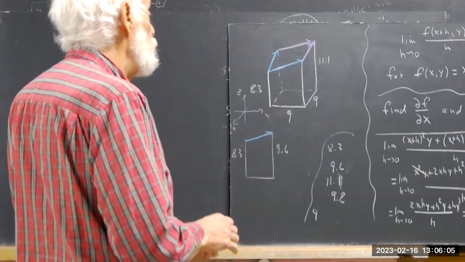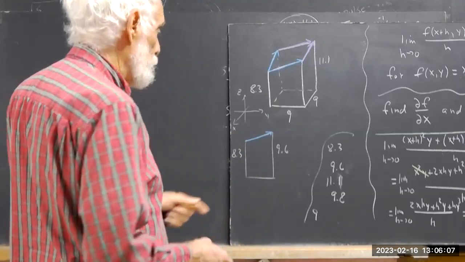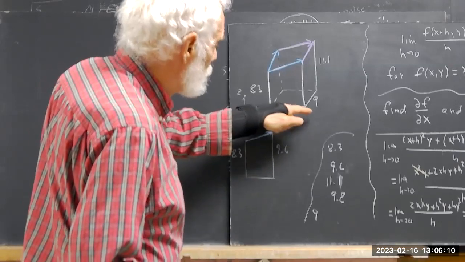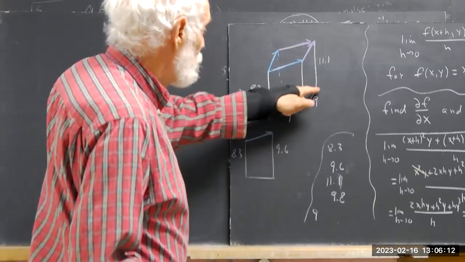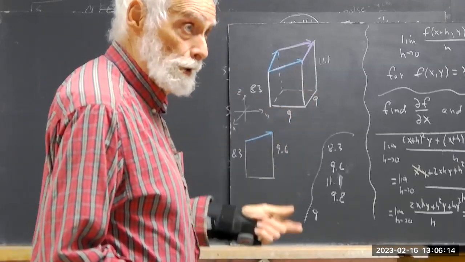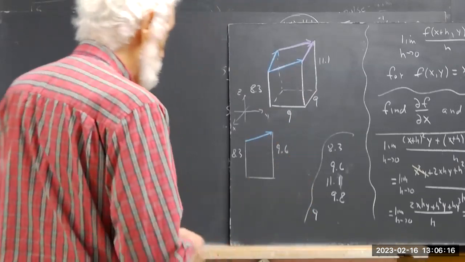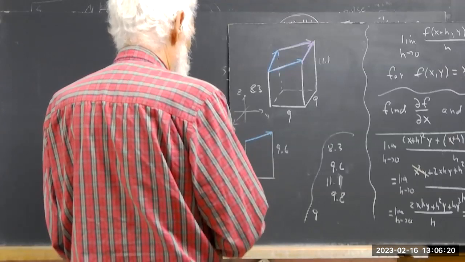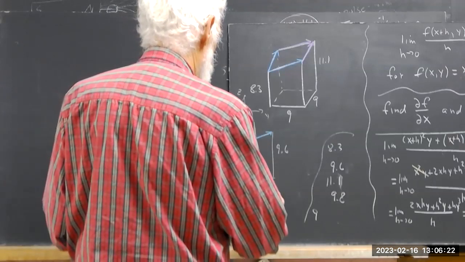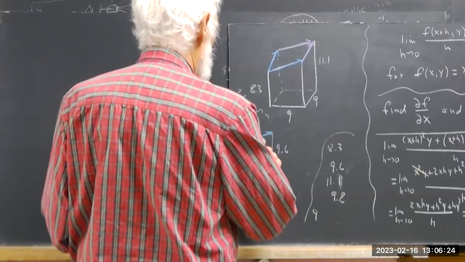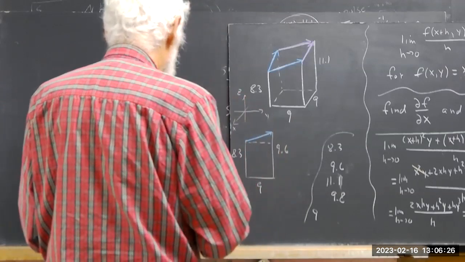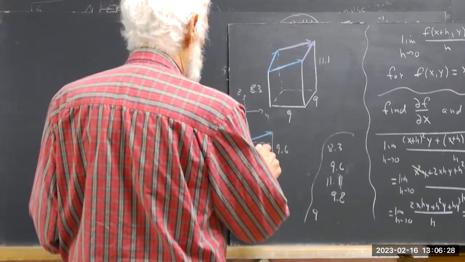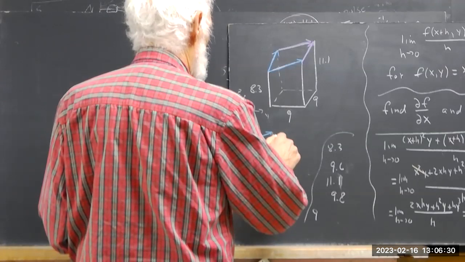And it doesn't matter what your coordinate system is, as long as this side's parallel to the y-axis and this side's parallel to the x-axis, you're going to get the same vector. In this case, if you have the dimension right here, 9, so that up here we've got this triangle with 9 here and 1.3 here.